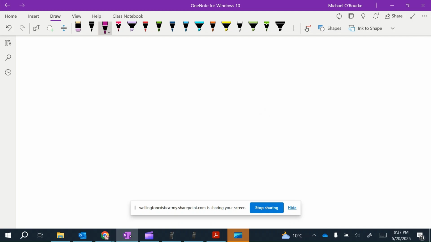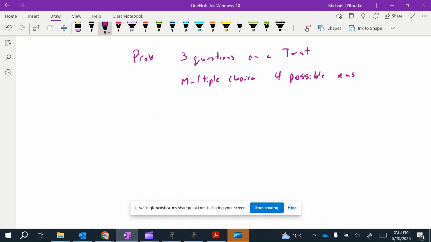Now, what if I did something like, let's do this one. What's the probability of, let's say there are 3 questions on a test. They're multiple choice with 4 possible answers, with 1 correct answer.